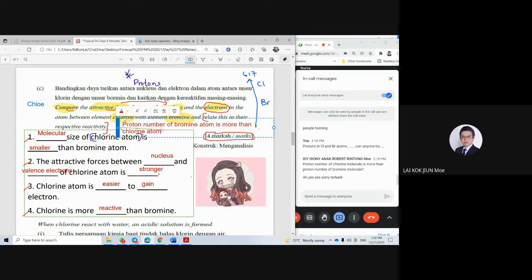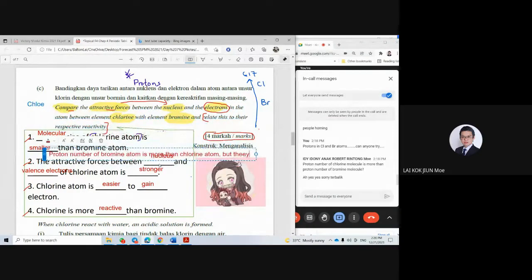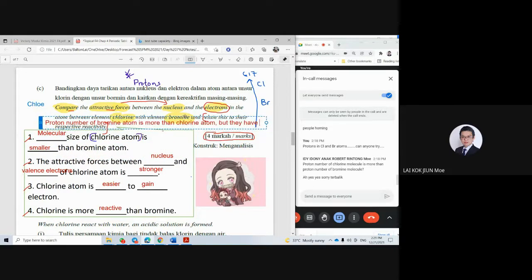Okay, so you can say, but how many shells do they have? How many shells occupied with electrons? Bromine and chlorine have how many shells?